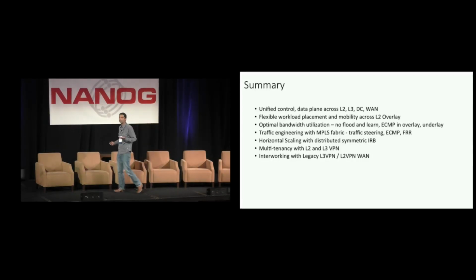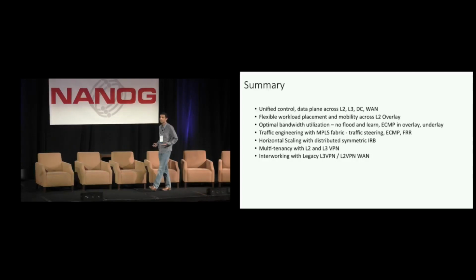Depending on what kind of underlay fabric you deploy, whether it's a standard IP or MPLS fabric or potentially a segment routed fabric, you have additional capabilities in your underlay, such as traffic steering, ECMP we already talked about, as well as fast reroute kind of features. With distributed symmetric IRB, we're able to scale the data center horizontally as your data center needs increase.